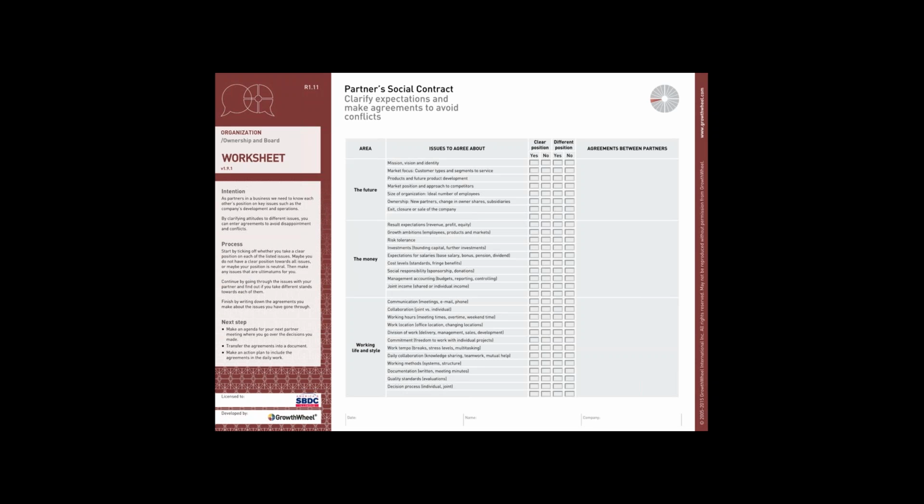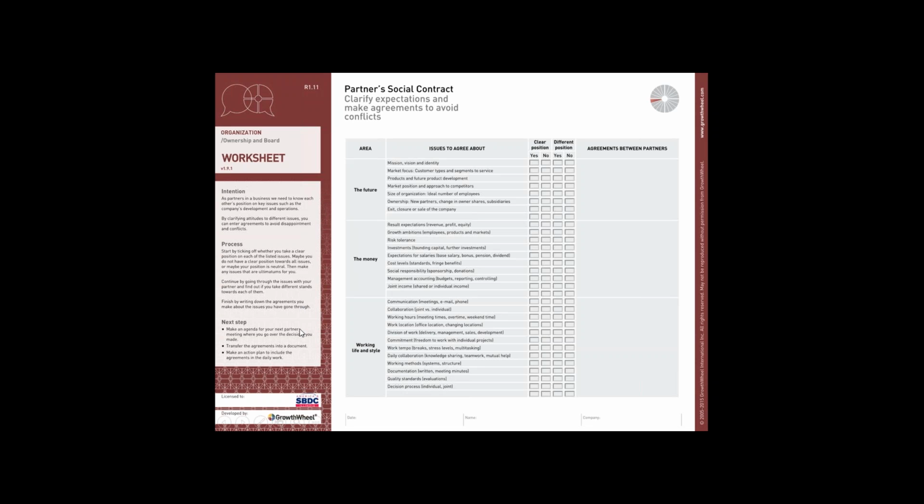Maybe you don't have a clear position towards all the issues, or maybe your position is neutral. Then mark any issues that are ultimately deal breakers for you. And then continue by going through the issues with your partner. The partner should be doing the same thing independently. And then you should come together and look at where each of you stand. Maybe you'll find that something that was neutral for you is a deal breaker for your partner.